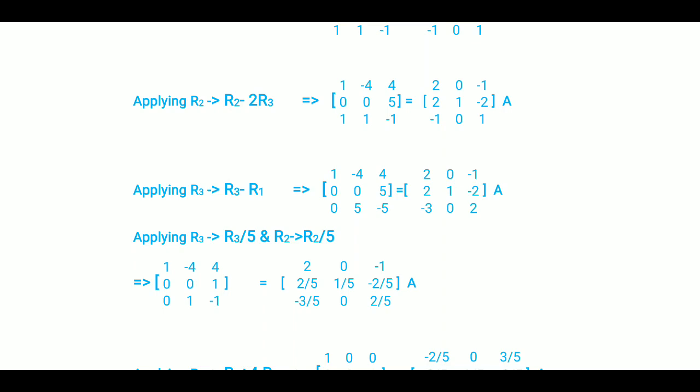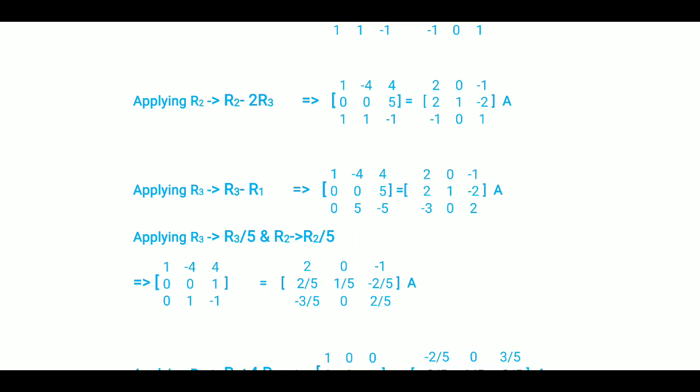Now there is a 5 in R2 and R3 of the left hand side, so we divide by 5. R3 becomes R3 by 5 and R2 becomes R2 by 5. We get 1 minus 4 4, 0 0 1, 0 1 minus 1.